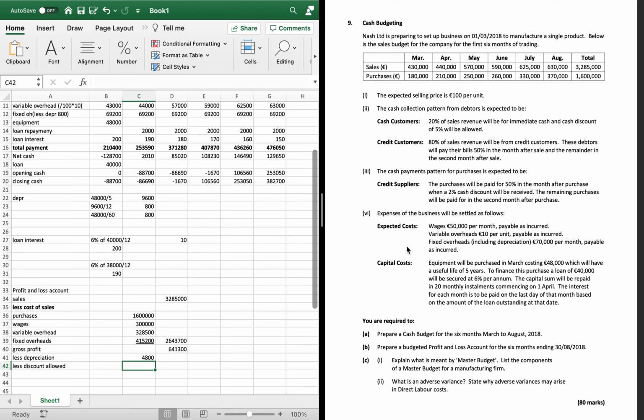So our discount allowed, if you remember, is 2% of 20% of 3285. Don't trust that number.